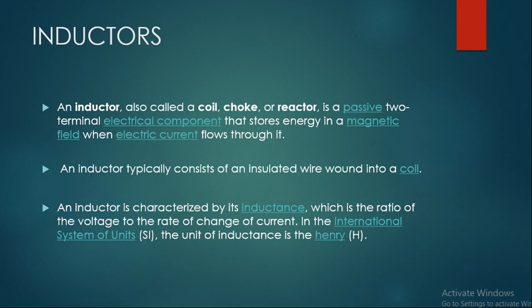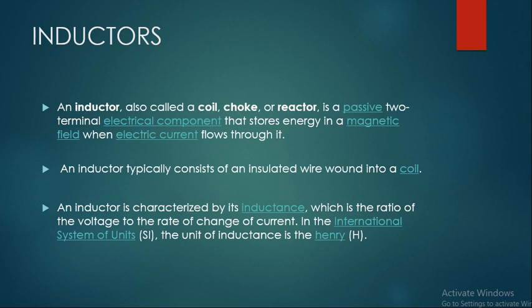Now again, I hope that all of you already know about inductors and are very well acquainted with them. So what is an inductor? An inductor is also called a coil, choke, or reactor.